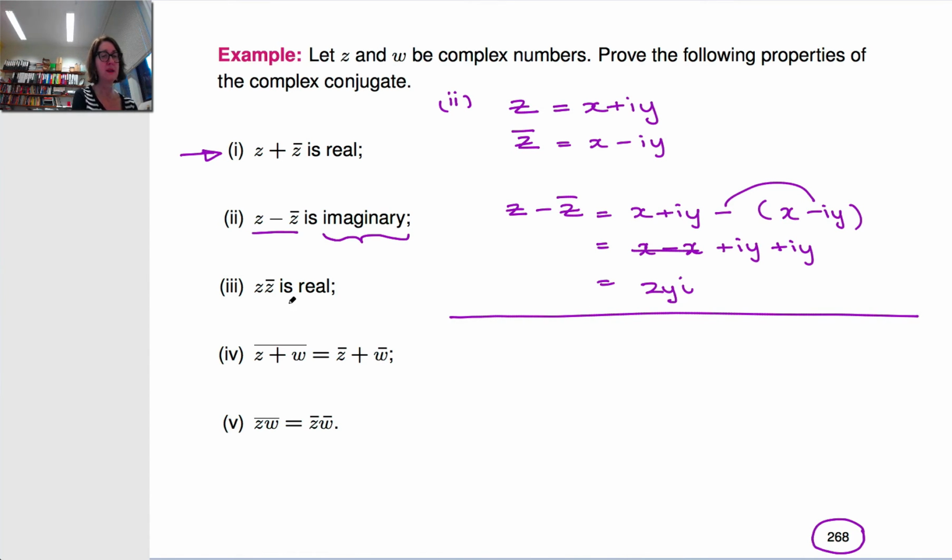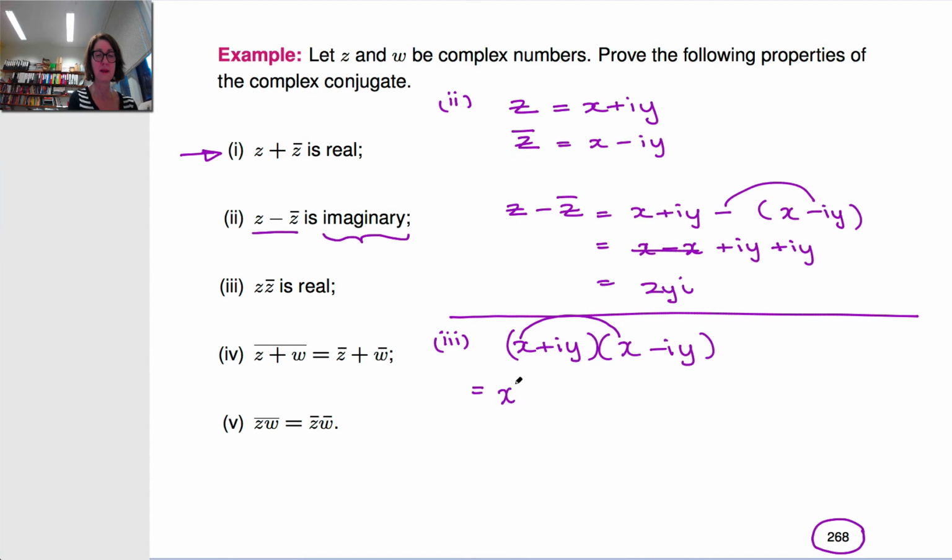What about z times z bar? So z times z bar, we're looking at x plus iy times x minus iy, and we're just going to multiply those out, and you'll be used to doing this by now.